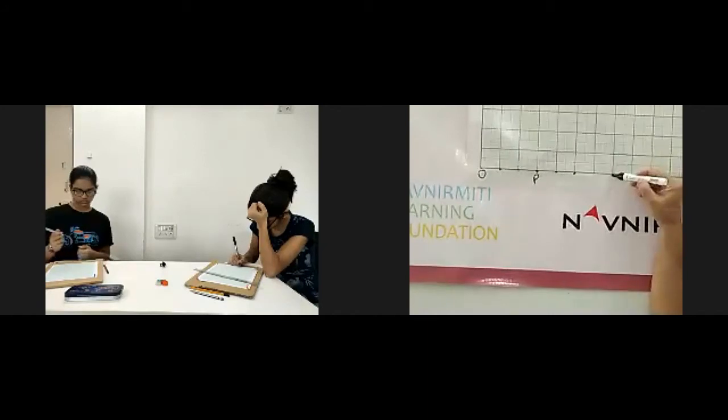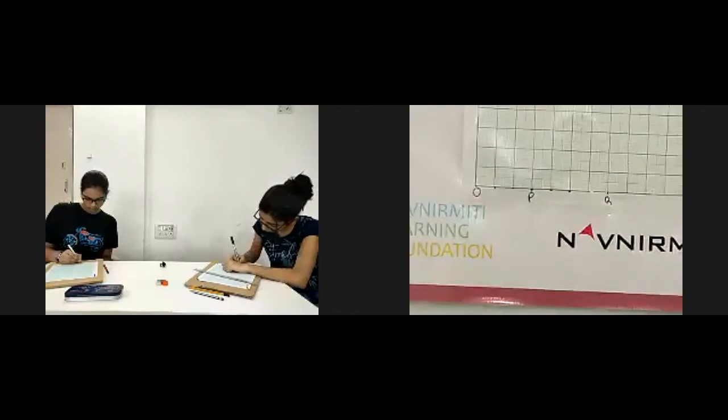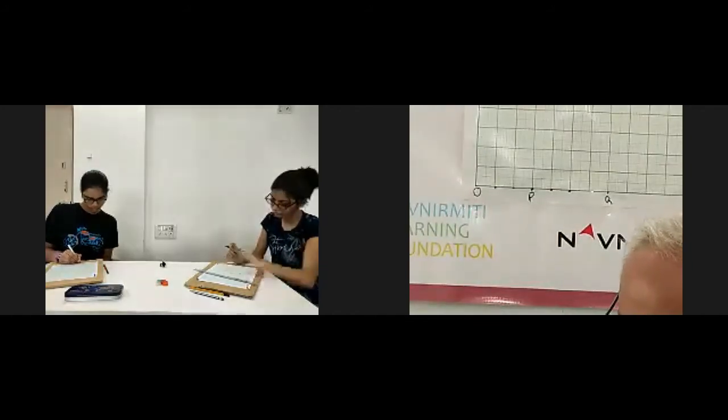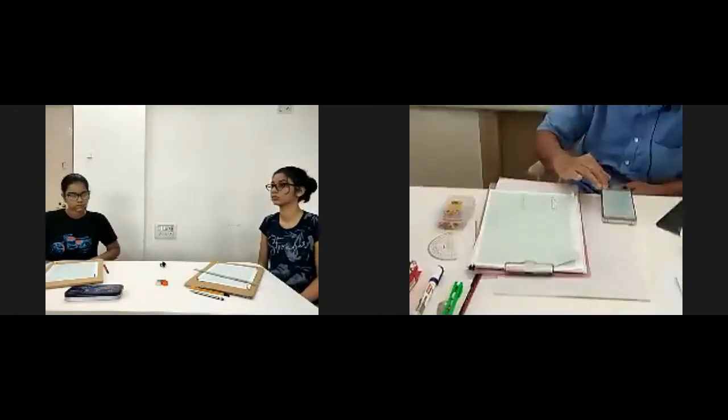Now, we've done the first activity, which is to get the point P. Let us go to the second activity, which is to take 7 steps to the right from the origin. 1, 2, 3, 4, 5, 6, 7. And we get a point here, which we will call Q. Done?